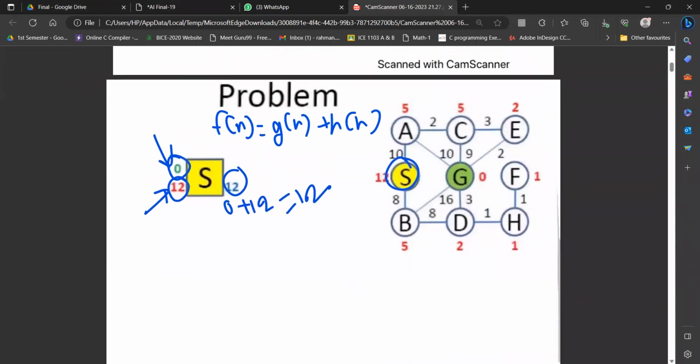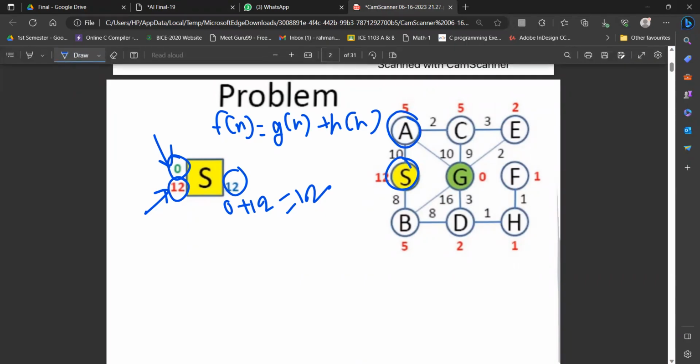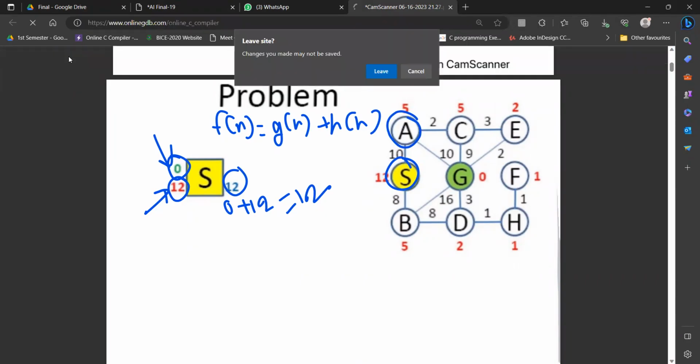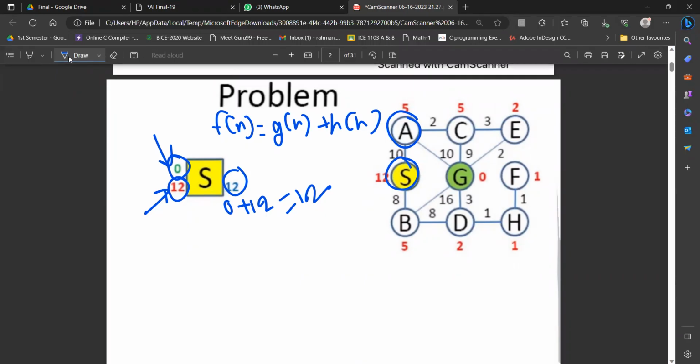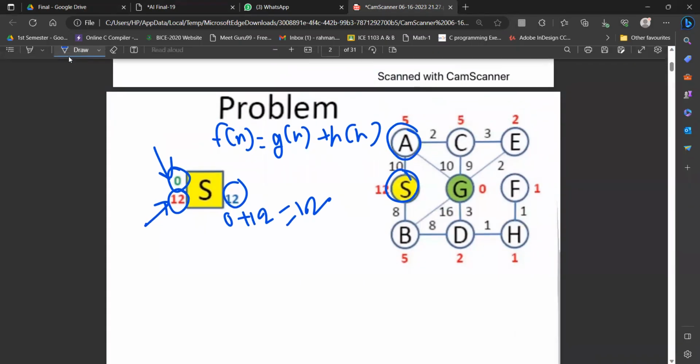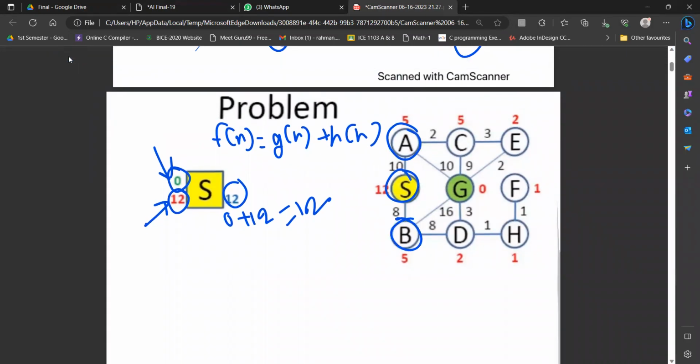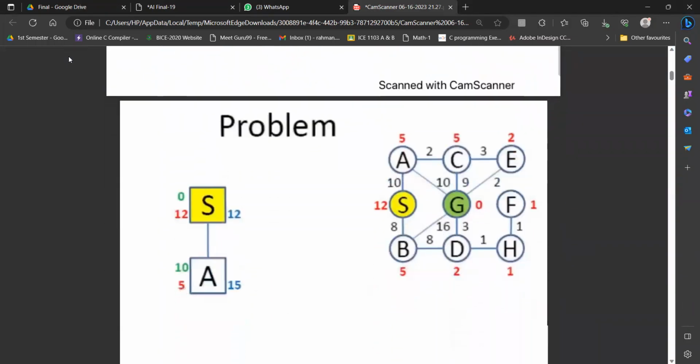Now we need to explore S alphabetically. The first child is A and the second child is B. So I'll be exploring A first.